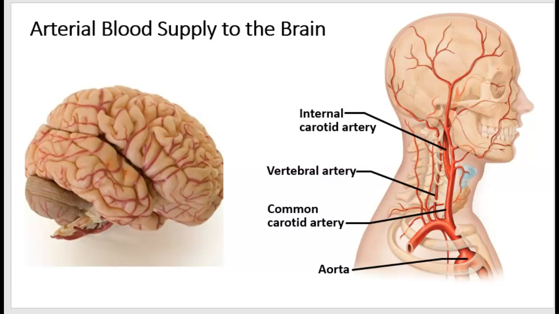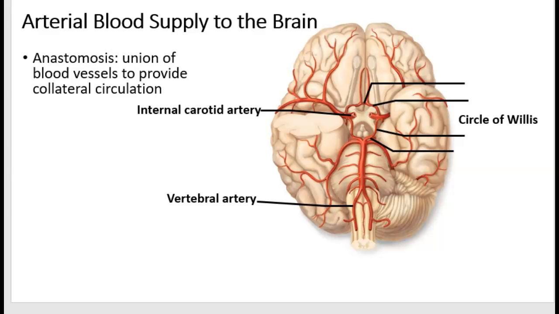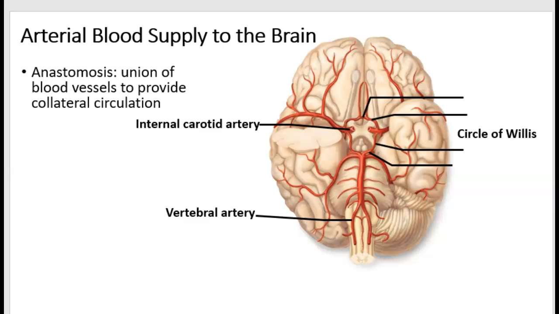Notice that the majority of the cerebrum is actually supplied by the internal carotid arteries and the vertebral arteries. The paired internal carotid arteries, shown on this diagram, but they've been cut, and the paired vertebral arteries, also cut off at the brainstem, supply the brainstem, the midbrain, and the cerebrum with oxygenated and glucose-rich blood.